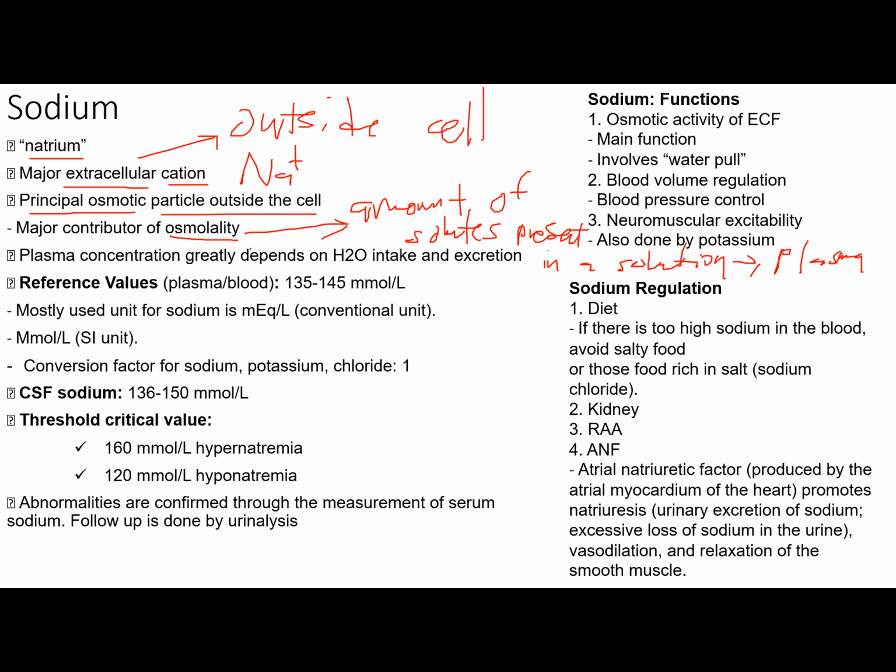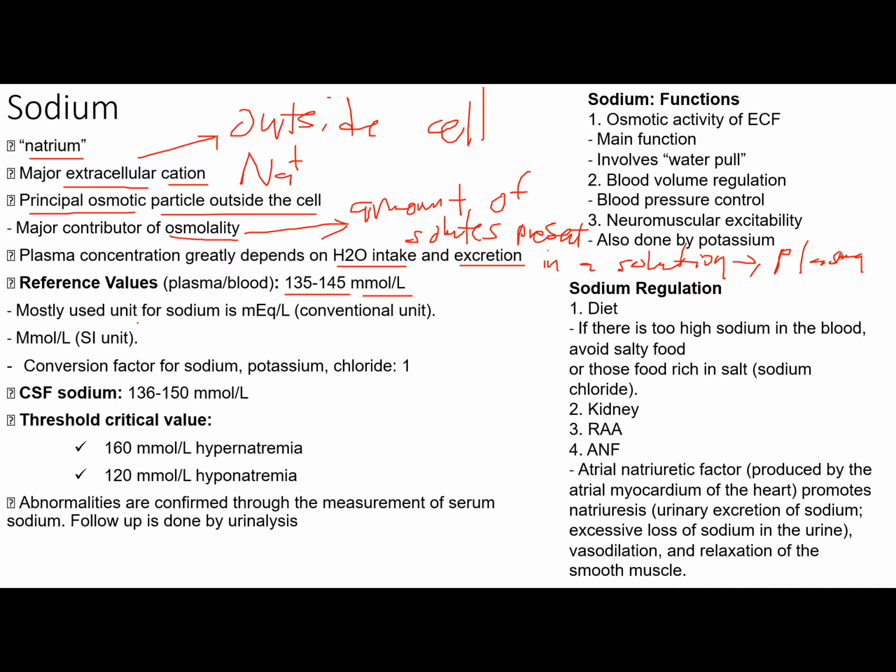Ganun siya. Now, the plasma concentration greatly depends on water intake and water excretion. So, yung dami daw ng sodium, class, would vary depending on the water intake of a person and its excretion. Now, the reference value, class, found in the plasma and blood is 135 to 145 millimoles per liter.